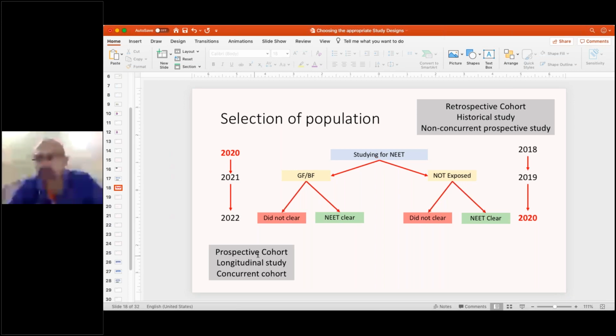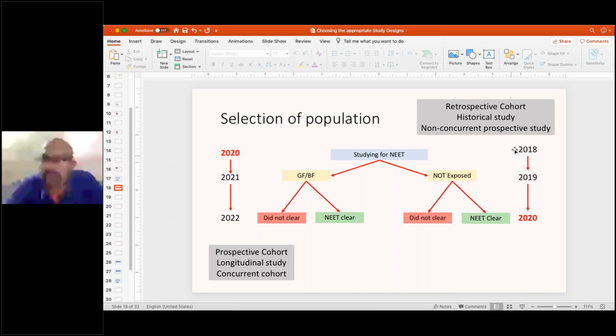Supposing I wanted the result in 2020 itself, so I could assemble my cohort back in time. I might go to a coaching center and ask them for the details of all students who were studying for NEET in their coaching center in 2018, and then I look at how many students between 2018 and 2019 had a girlfriend or a boyfriend, and then I see how many cleared NEET in 2020.